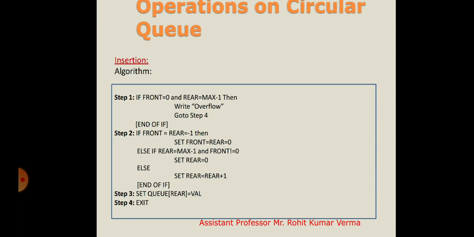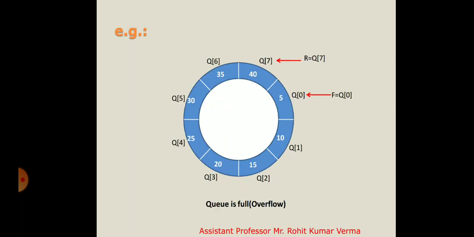Whenever your front is equal to 0 and your rear is equal to max minus 1, it means your front is at the starting location and your rear is at the final location, so there is no space for a new element. Whenever you try to insert an element, it will produce an overflow condition. Why overflow? Because the queue is full.